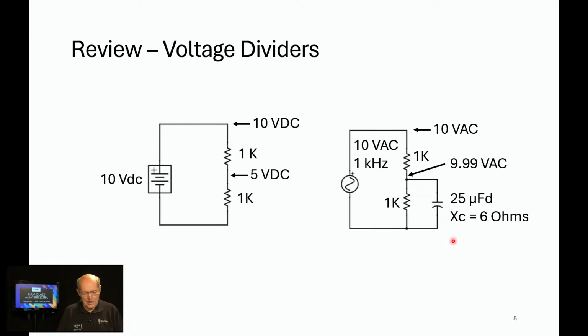If you work out the capacitive reactance at 1 kilohertz, it works out to about 6 ohms. So what we have AC-wise is almost the entire signal developed across this resistor, 9.99 volts, and the rest of it is bypassed to ground. This is going to come in handy in some of our amplifier discussion coming up.